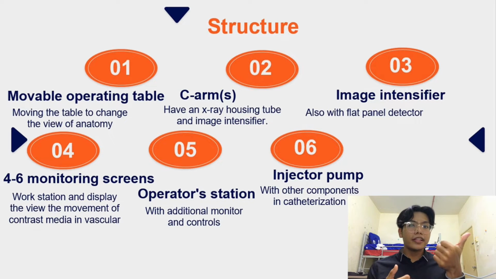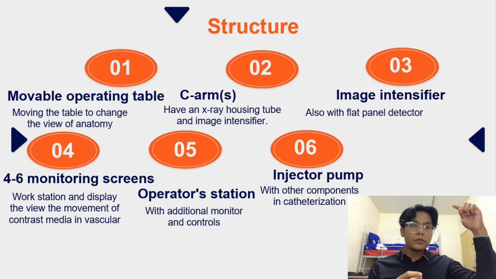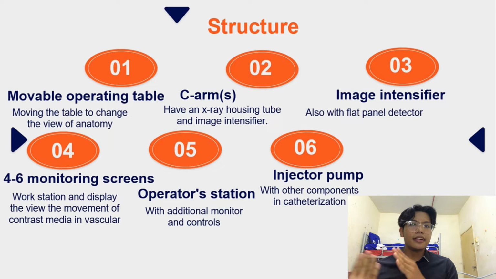Next is the operator station. The operator station is usually isolated from the patient, with a large injector pump to achieve opacification for these diagnostic techniques, which need high flow, high volume, fixed rate injections delivered at relatively high pressure. For this, a power injector is used.